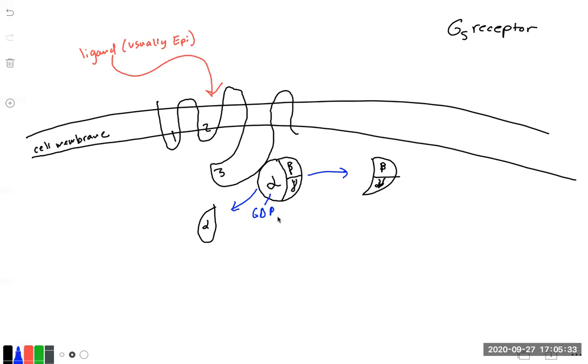Well, this alpha subunit interacts with another protein that changes its GDP to GTP. The alpha subunit is what's called a G protein. It is now active.